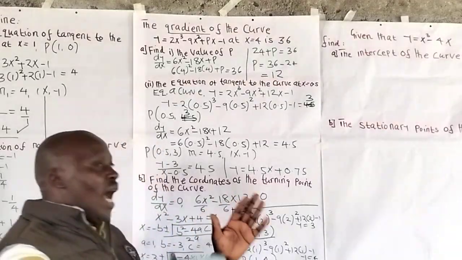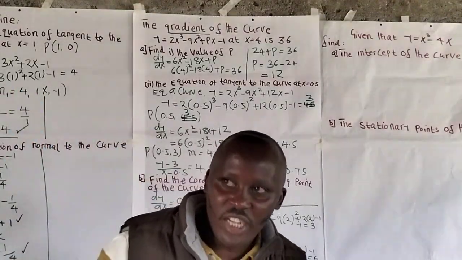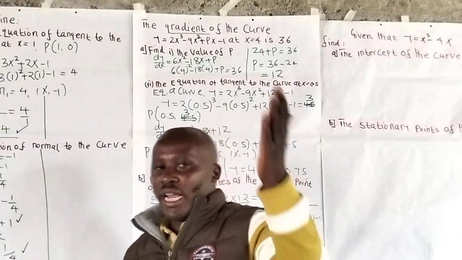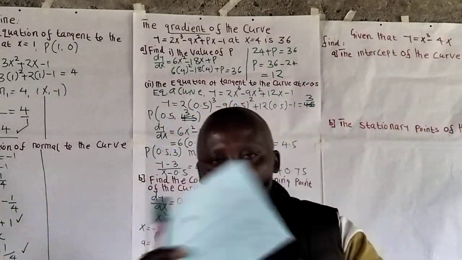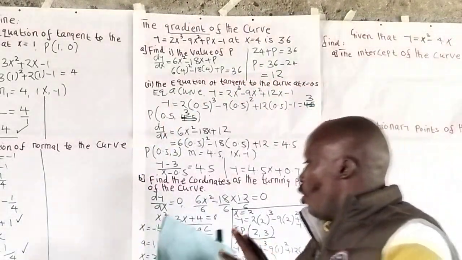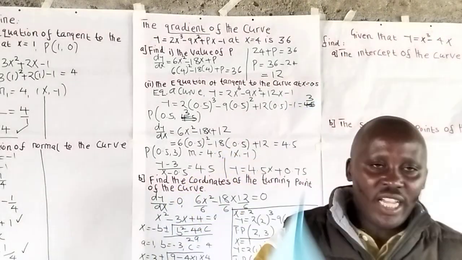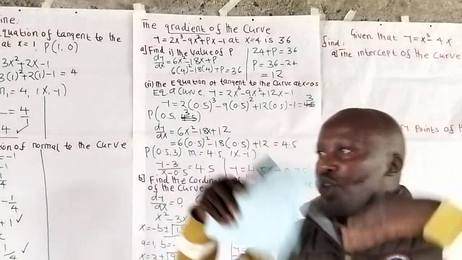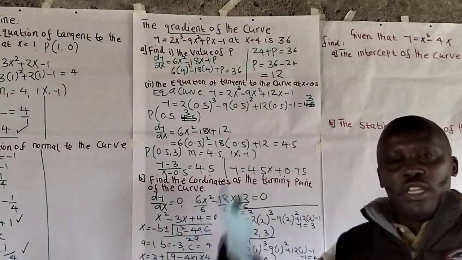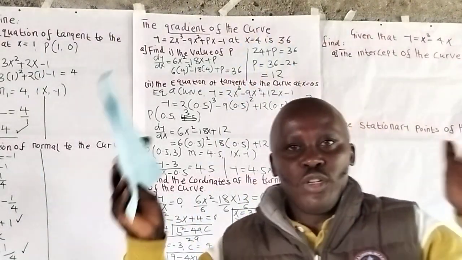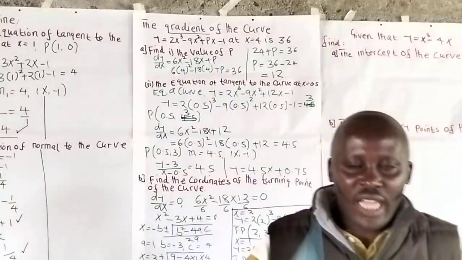At that point, the gradient function is equal to 0, and you need to form a quadratic equation where you can use the three methods to find the value of x. After getting the two values of x, you go back to the equation of the curve, substitute the values of x there, and they will give you the values of y, and that gives you the coordinates of the turning points of the curve.